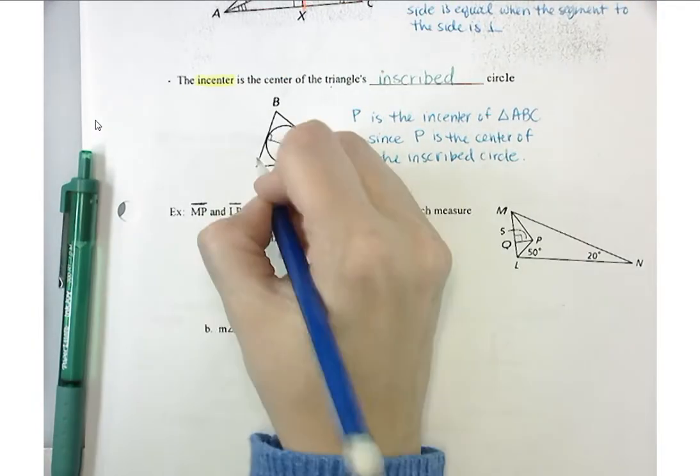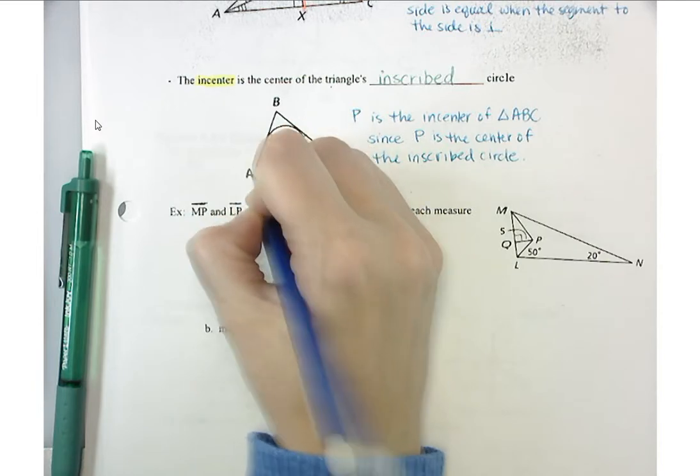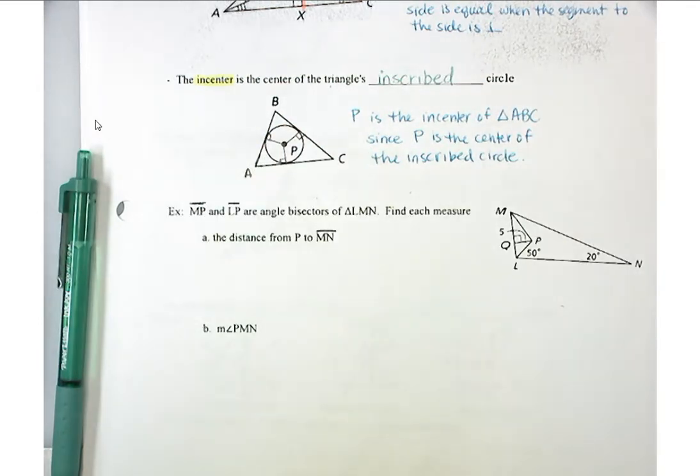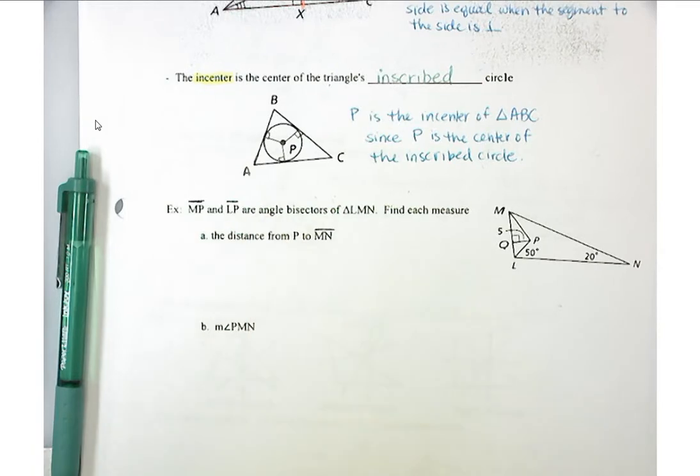Oh, and I think A got cut off on that. So that is triangle ABC.